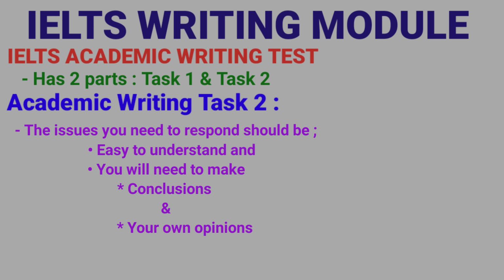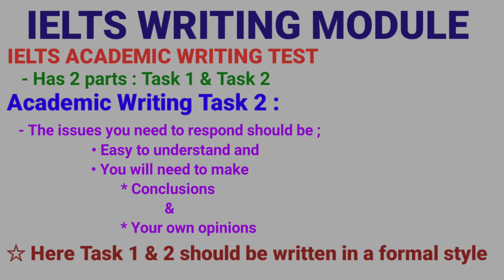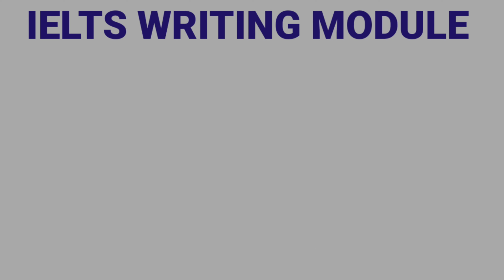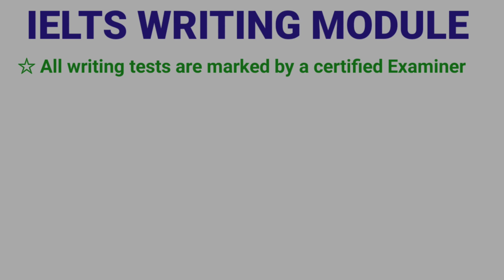The issues you need to respond to should be easy to understand, and you will need to make conclusions and give your own opinions. Here, in the academic writing test, your response to both tasks, task 1 and task 2, should be written in a formal style. Last point but not least, all writing tests are marked by certified examiners.